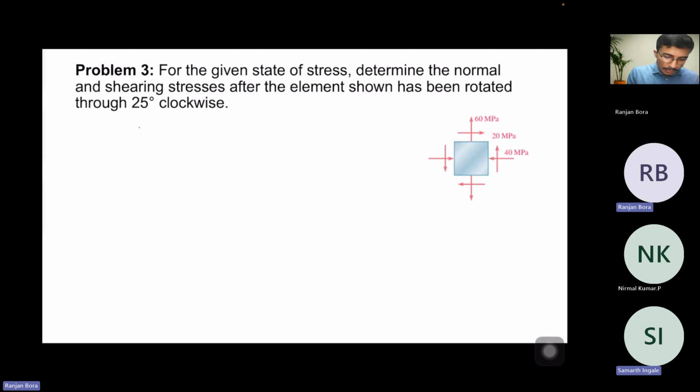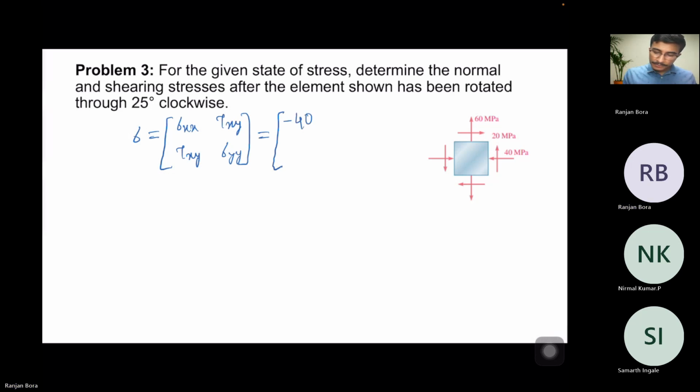Like first, we need to write the stress matrix here. So here, sigma xx, tau xy. Here given sigma xx is minus 40.